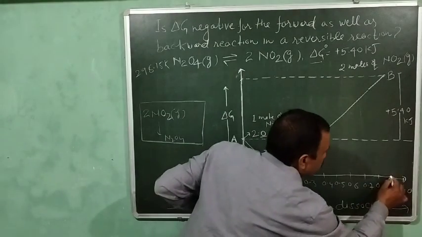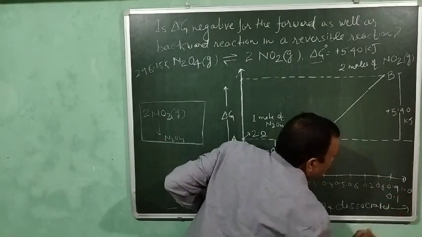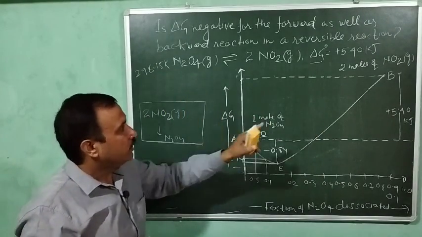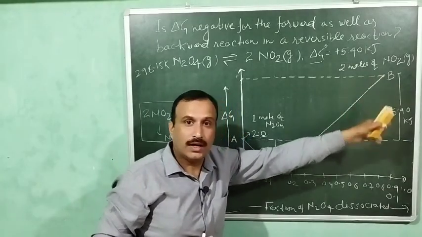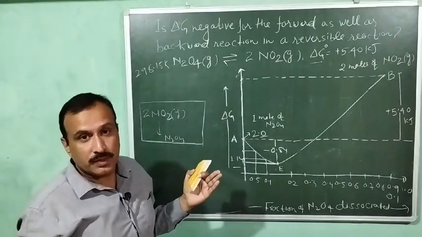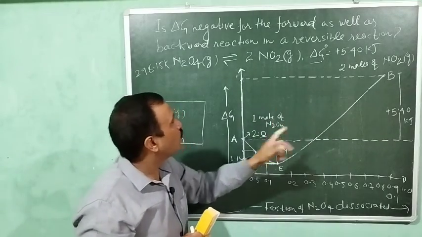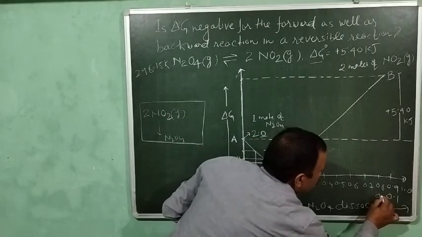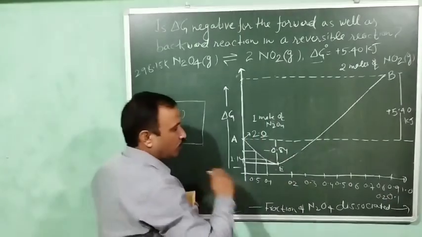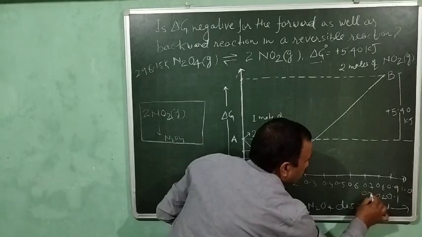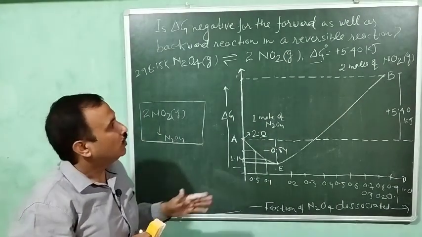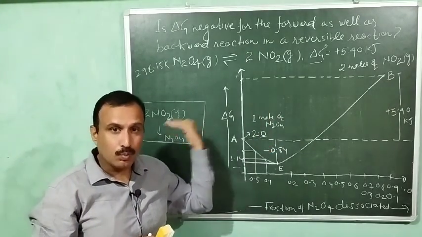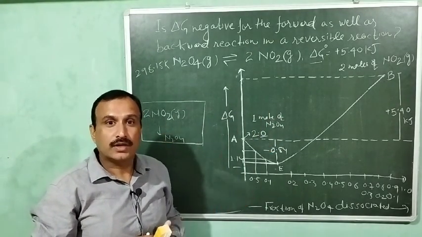So at this point 0.1 fraction of NO2 will be converted into N2O4. तो यहाँ पे 0.1 फ्रैक्शन जो NO2 का है वो कन्वर्ट हो जाएगा किसमें? 0.1 फ्रैक्शन मीन्स 10%. तो 10% NO2 जो है वो कन्वर्ट हो जाएगा N2O4 में, और at this point 0.2 fraction will be converted into N2O4 and at this point 0.3 fraction, that is 30% of your NO2 will be converted into N2O4.